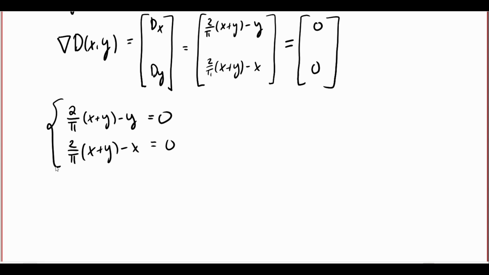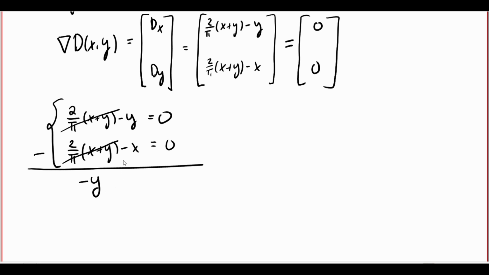This system of linear equations can easily be solved by subtracting both equations from each other. So we will subtract this one with the lower one here. Those two cancel out each other, and left are minus y.